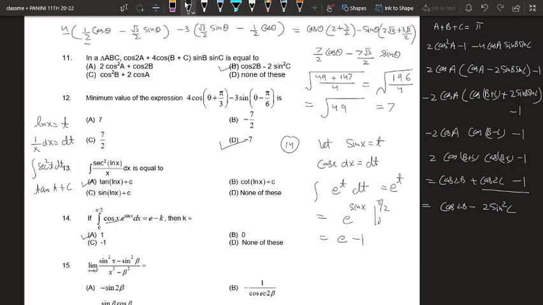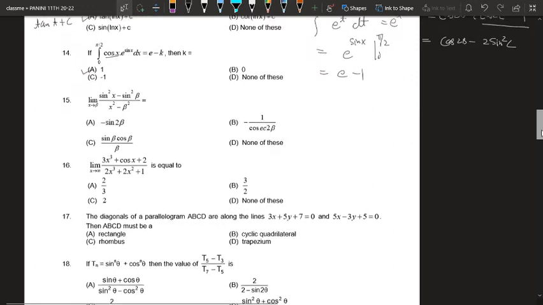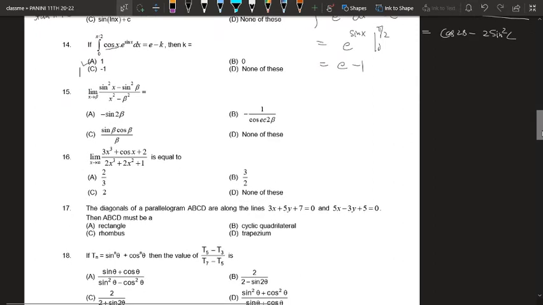Okay. Now the next problem is based on limits. As x tends towards beta, this problem is of the form 0 by 0 indeterminate form. Sin square a minus sin square b equals sin(a plus b) sin(a minus b), so sin(x plus beta) sin(x minus beta).